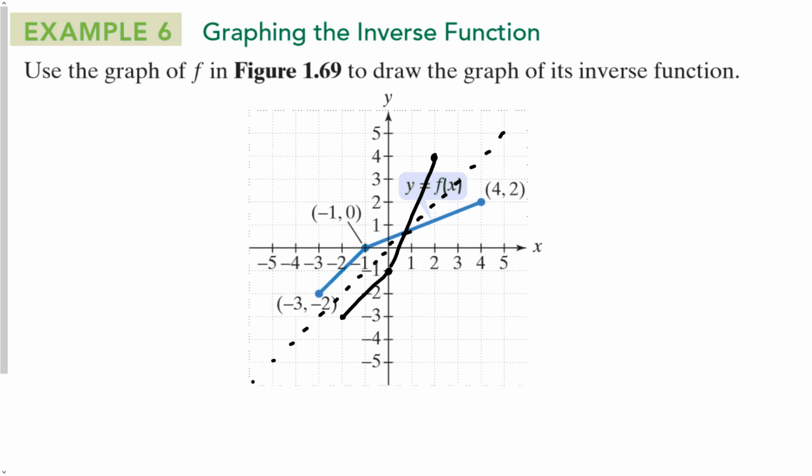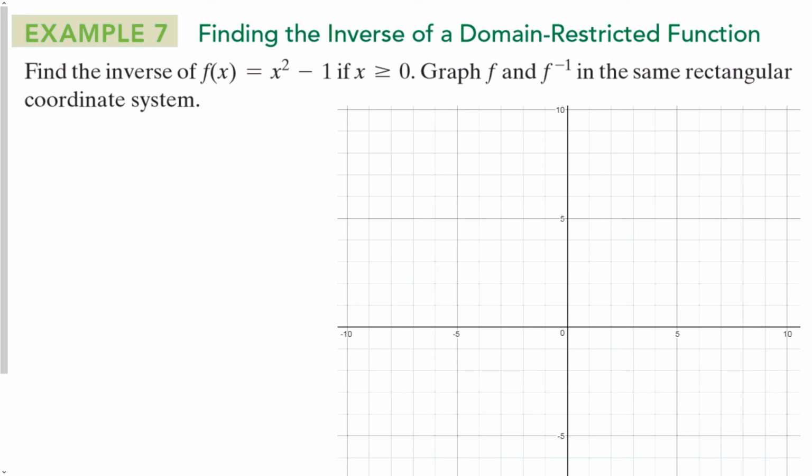Okay? So with this all in mind, let's finish by finding the inverse of f of x equals x squared minus 1. Well, first of all, this is the standard quadratic function, shifted down 1. So the graph of the normal quadratic function would look like this.